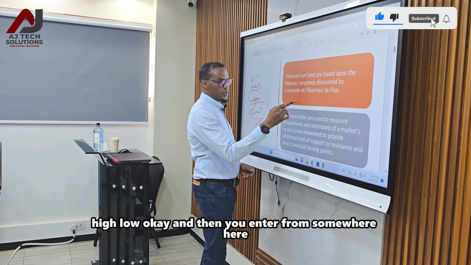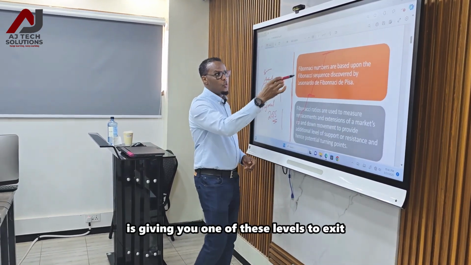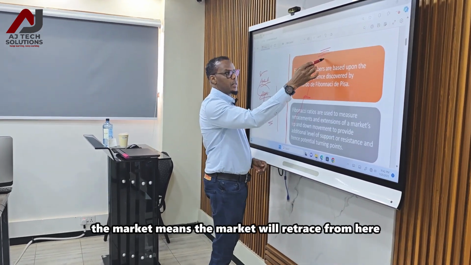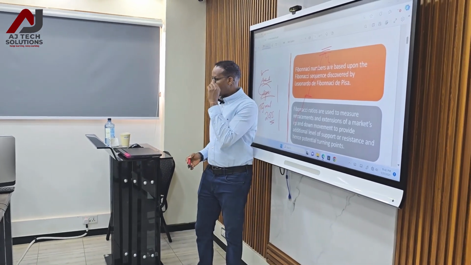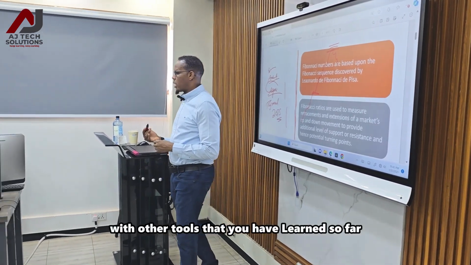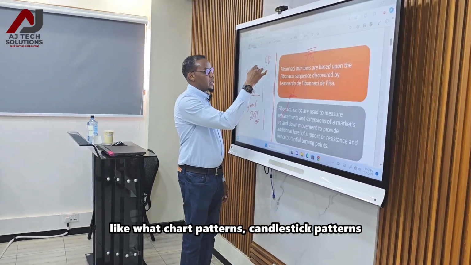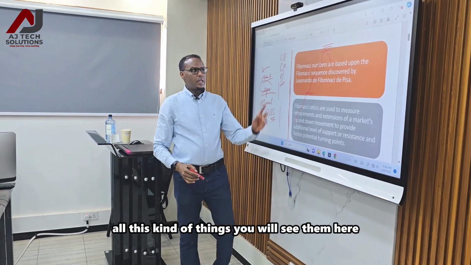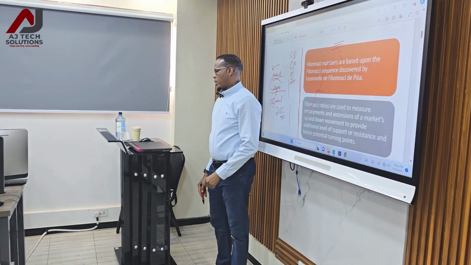And then you enter from somewhere here, and the Fibonacci extension is giving you one of these levels to exit the market, meaning the market will retrace from here. Then if you combine with other tools that you have learned so far, like what? Chart patterns, candlestick patterns, divergence, all these kinds of things, you will see them here at the turning point.